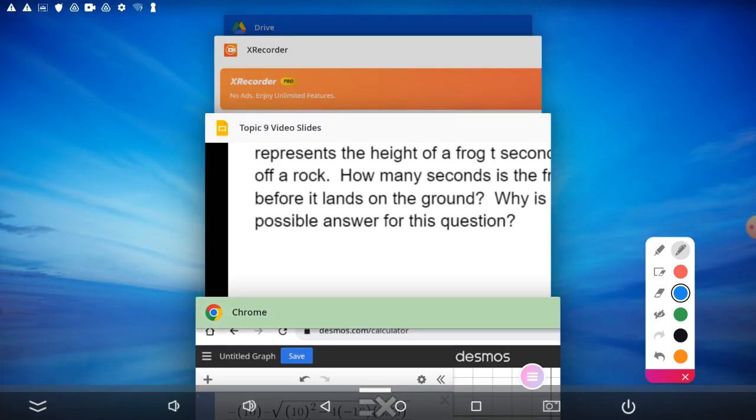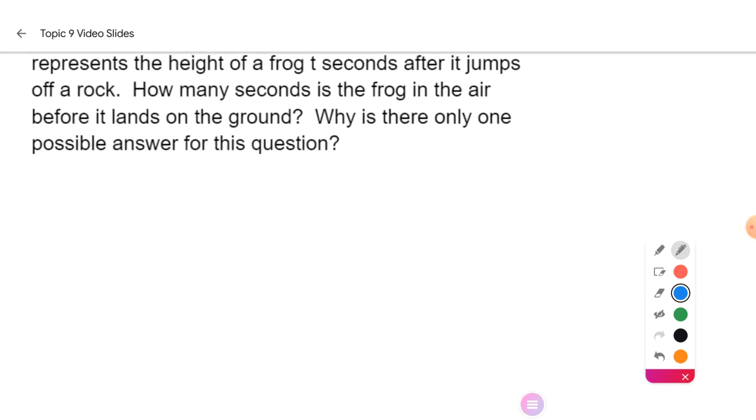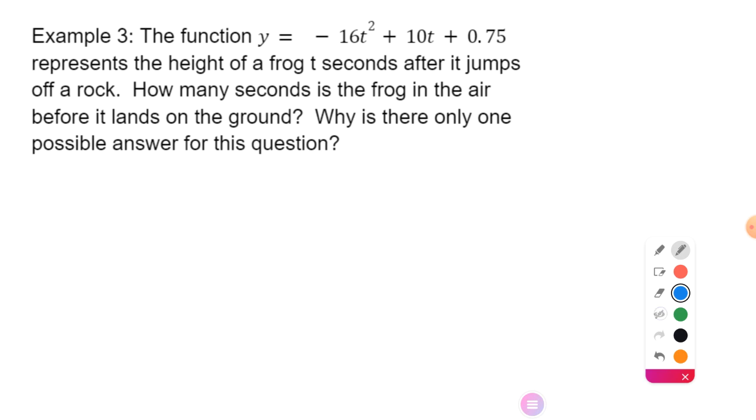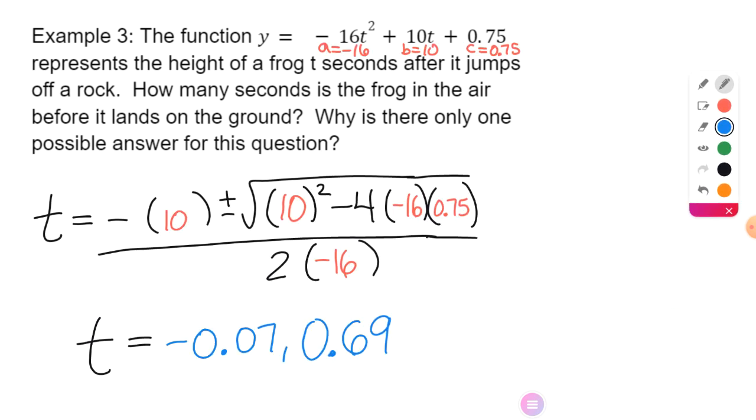We're talking about a frog, and he jumped off the rock, and we want to know how long he is in the air for, and t is time. So when I think about that as t is time, negative 0.07 doesn't make sense. We can't go backwards in time. So the only possible option here is 0.69 seconds.